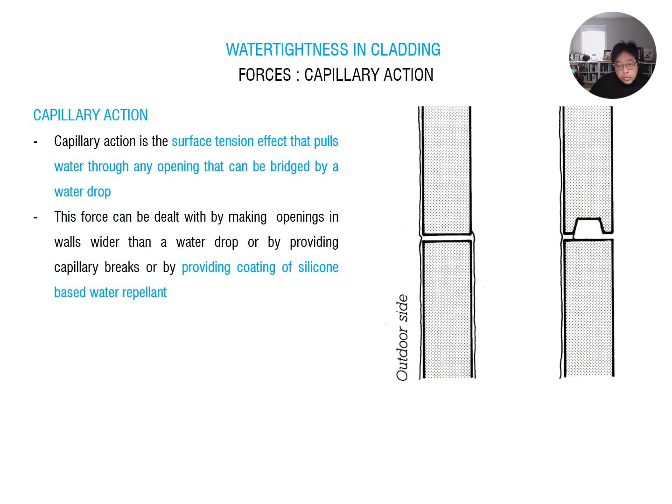And also capillary action. If you have a very tiny gap here, the water will infiltrate inside the space because of capillary action. Capillary action means you have a large amount of air here and a small amount of air there, so the air keeps pushing water into the smaller gap.